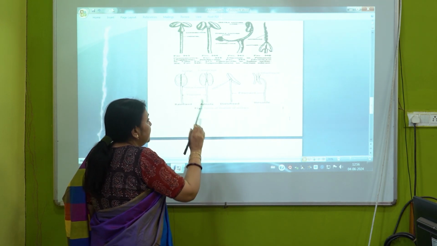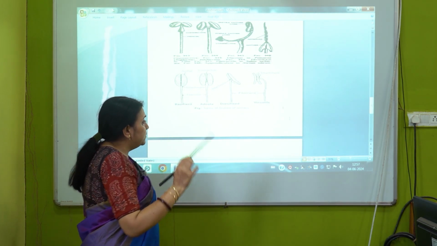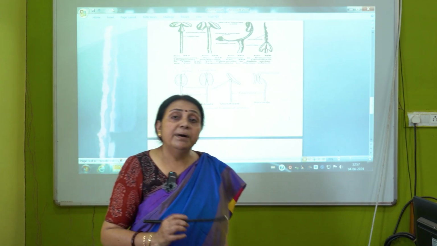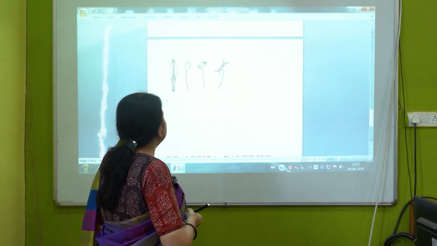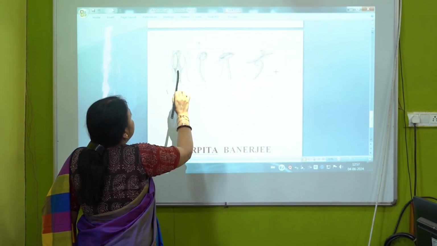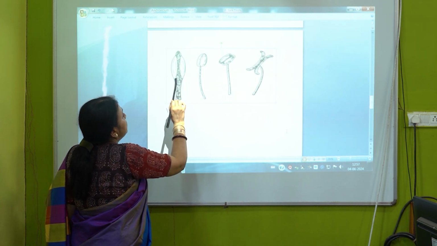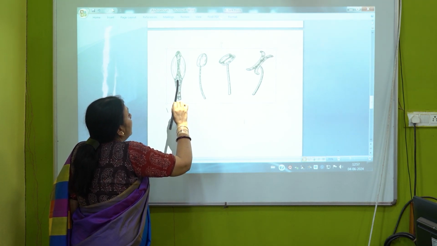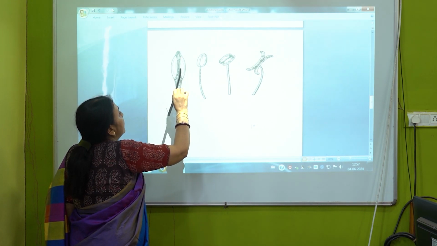So on the basis of the attachment of the filament on the anther, these are the four types: basifixed, dorsifixed, adnate, as well as versatile. This is the typical feature of the adnate type: the filaments are attached at the basal portion of the anther, but go throughout the whole length of the anther lobes.